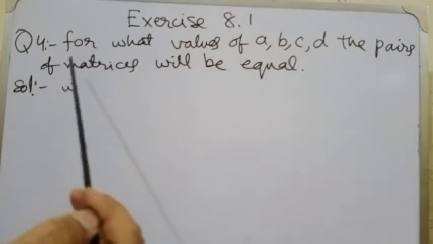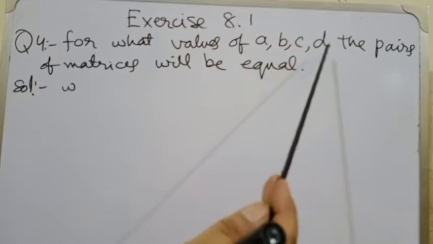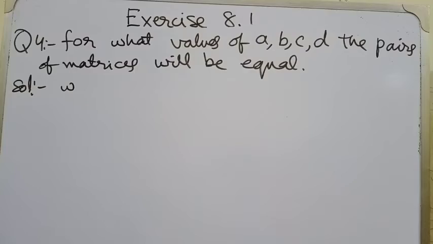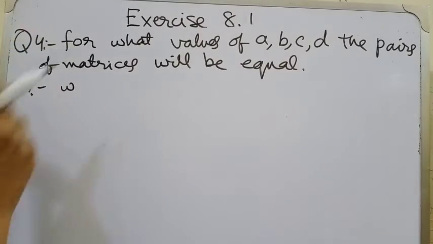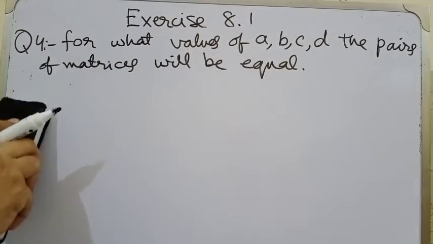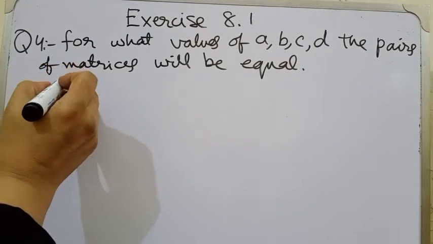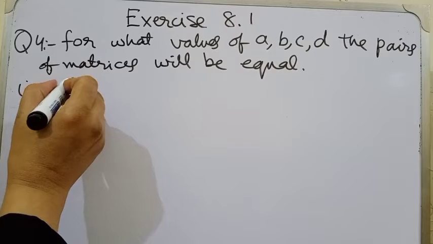Question number 4, for what values of A, B, C, D will the pairs of matrices be equal? We have here 2 matrices. This is the first part of question number 4.